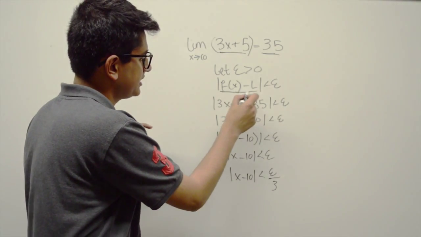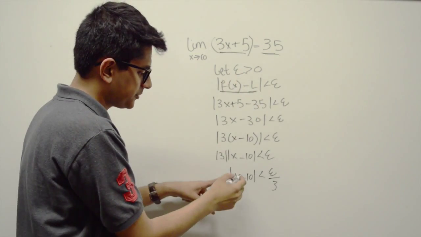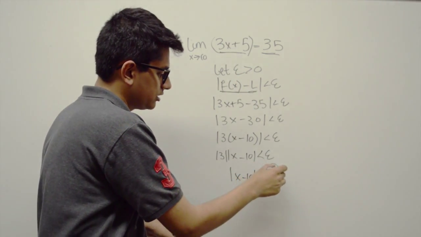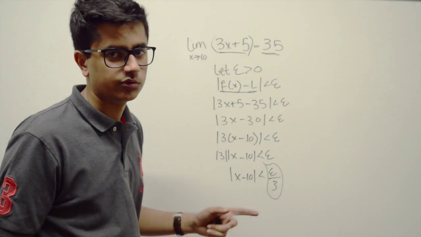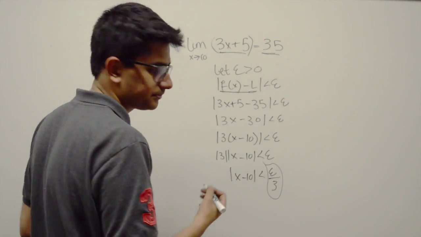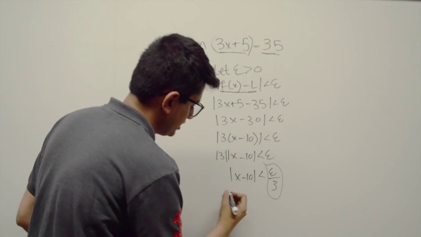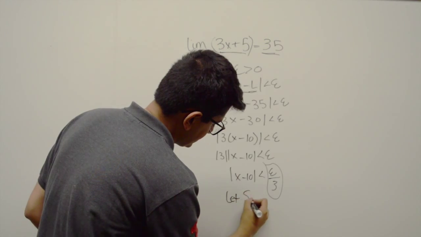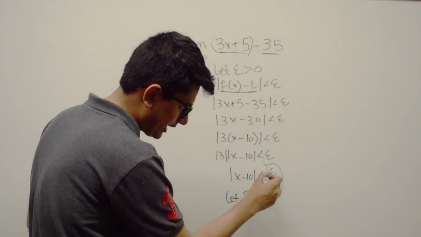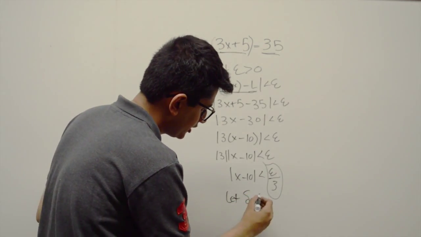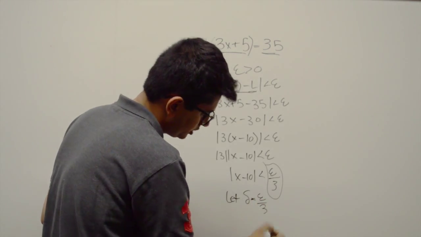We went from |f(x) - L| to |x - 10| smaller than epsilon over 3. The last step in proving this limit is 35 is let delta equal whatever this expression is. Here we have epsilon over 3.